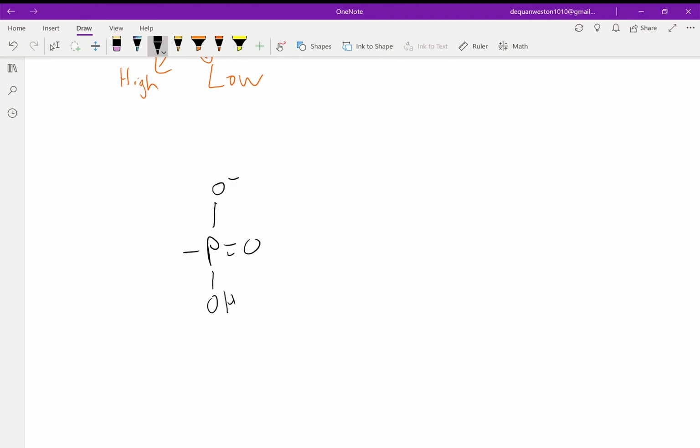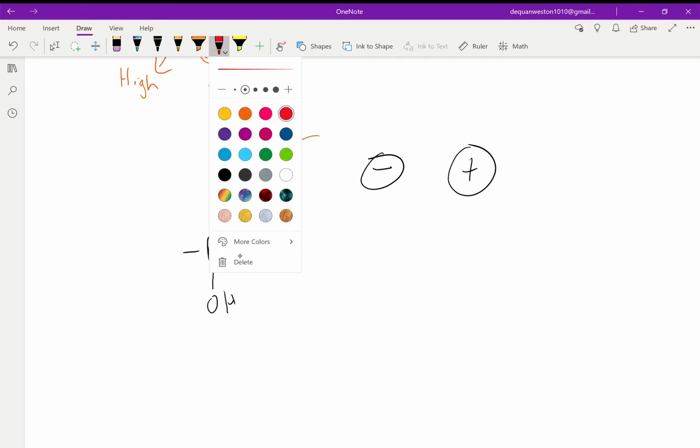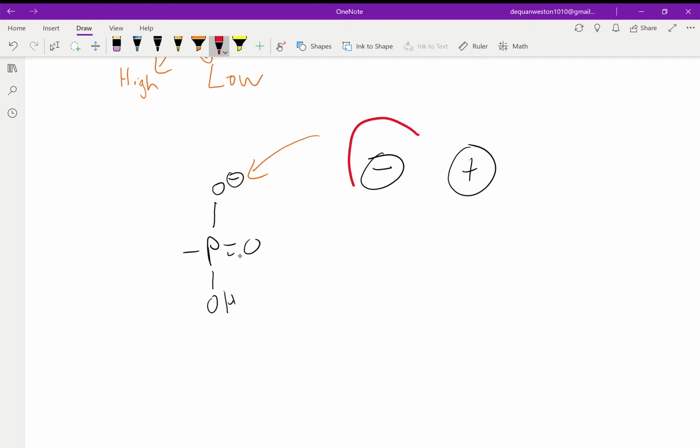And this is a phosphate, and it's also the backbone of DNA. And if we notice up here, we have a negative charge, and we know that a positive is attracted to a negative. They like to be around each other.